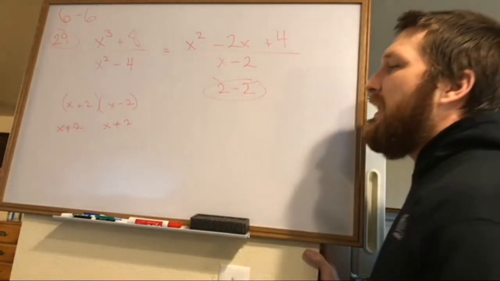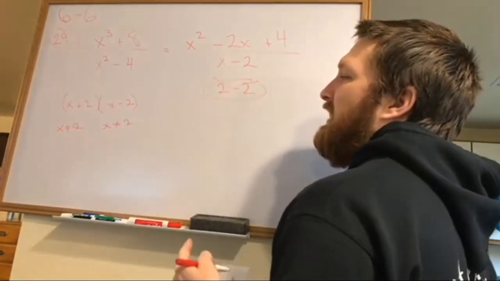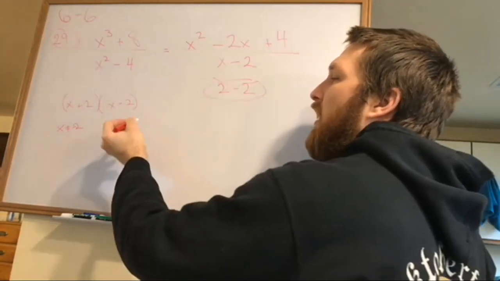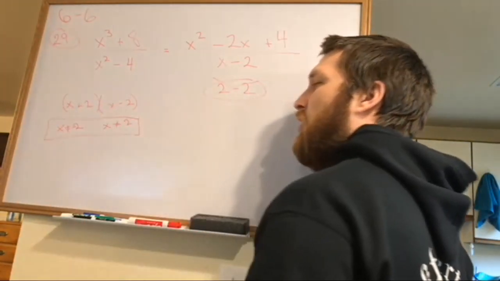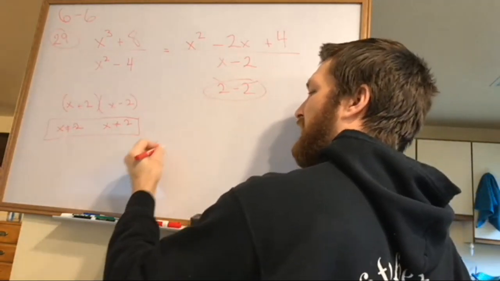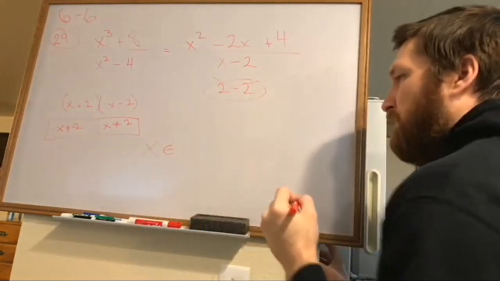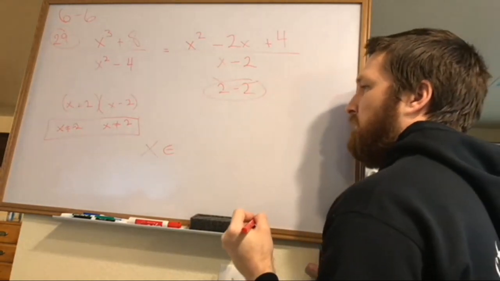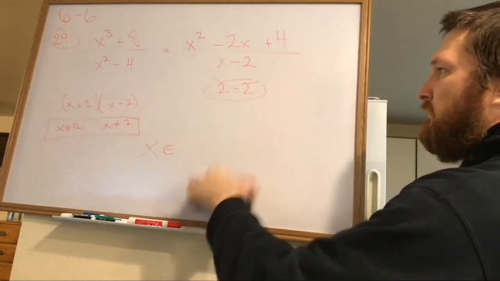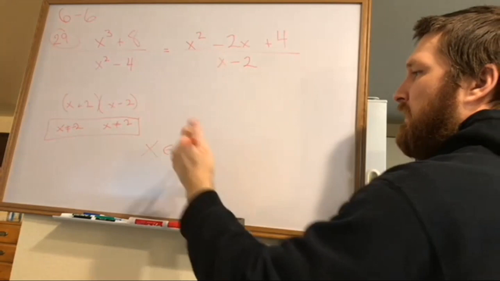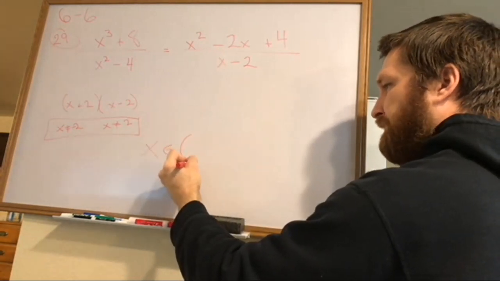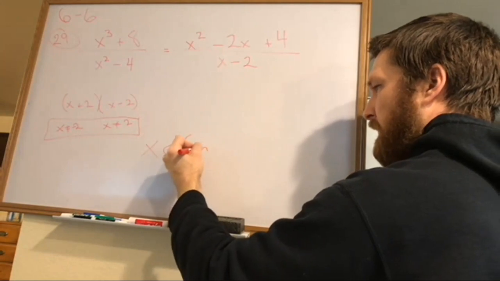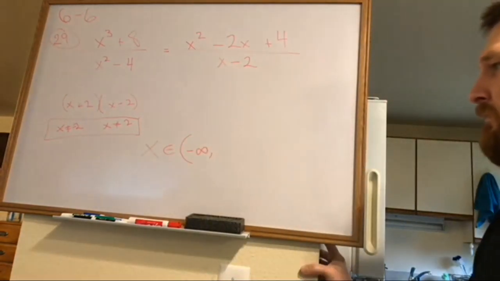So how do I write this in interval notation? I could plug in every real number except for those. How do I do that in interval notation? You do the soft bracket, and then negative infinity, all the way up to what? -2.